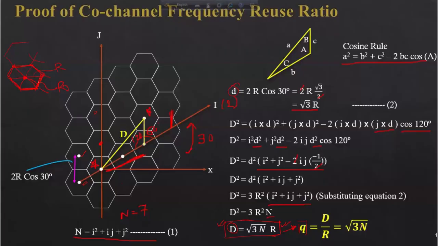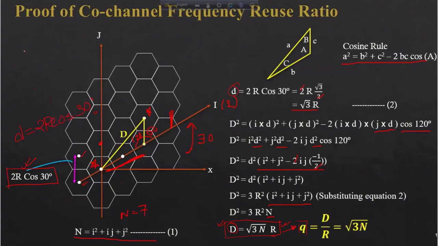If you apply the simple mathematical formula, we get the value of d as 2R cos 30 degrees. This is very easy. If I get time, I will show you in the last part of our lecture. But for the time being, just consider d is equal to 2R cos 30.